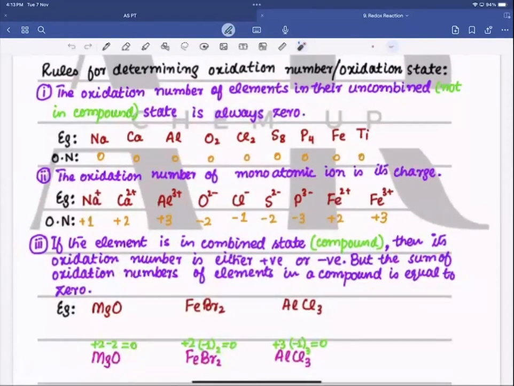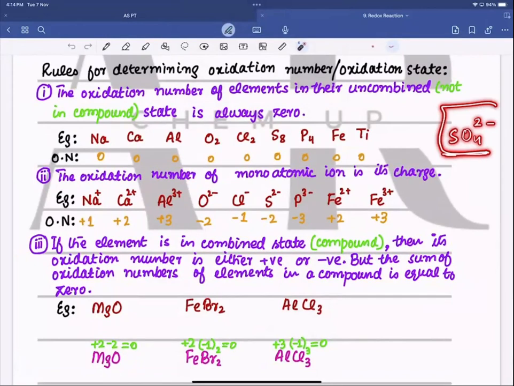Sir, can you please explain what is meant by a monoatomic ion? Monoatomic ion. Mono means single. So there are two kinds of ions. For example, if you did bonding, you have seen an ion like this as well: SO4 with a charge, one atom of sulfur and four atoms of oxygen.